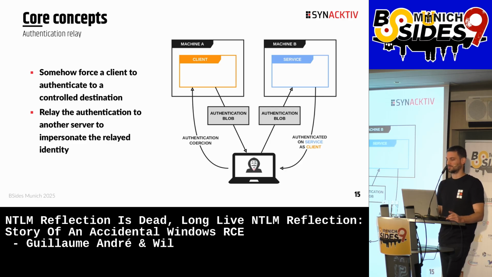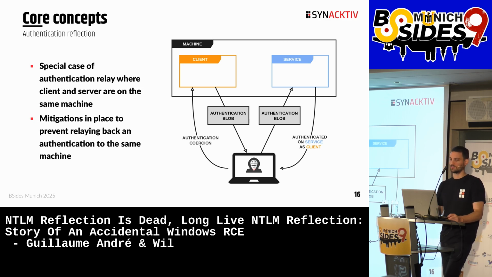Here, for instance, on the attacker, we force the authentication coercion on machine A, we receive the authentication blob, and then we relay this authentication blob to another machine, here on the service on machine B. This way, we are now authenticated as the client from machine A on the service on machine B. Another concept will be authentication reflection.